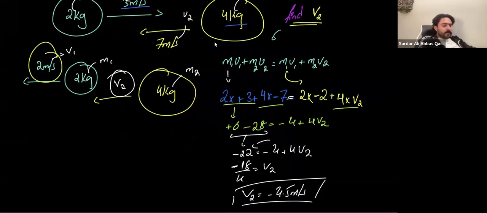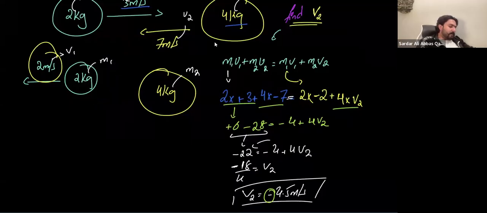Now, what does this minus 4.5 represent, kiddos? This represents the speed, 4.5, and this negative sign represents the direction of the velocity, which is because I assigned the signs earlier. So now we know that this object also travels towards the left with a speed of 4.5.